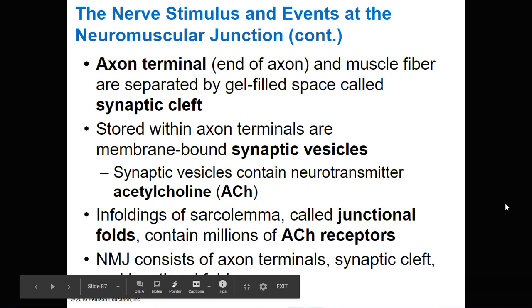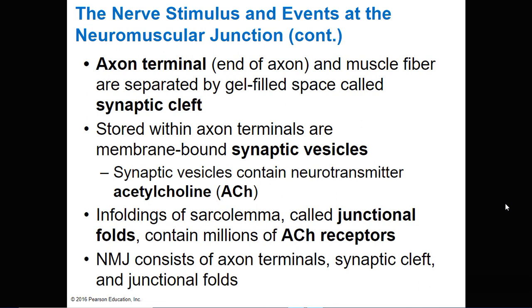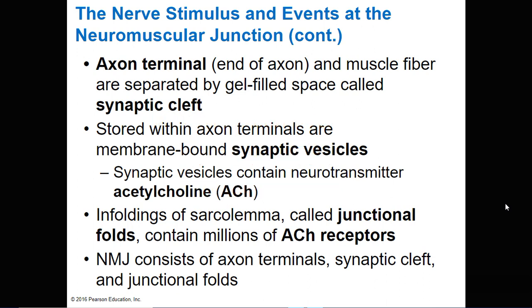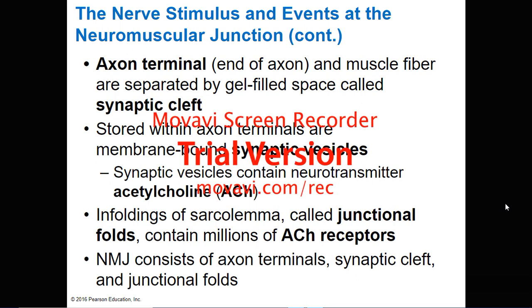This slide is just talking more about the neuromuscular junction. So remember again, the axon terminal and the actual muscle fiber are separated by this synaptic cleft, which is just a gel-filled space, okay? And within the axon terminals, you have these synaptic vesicles, which are filled with acetylcholine.